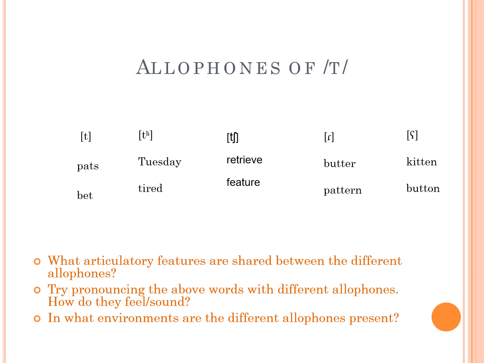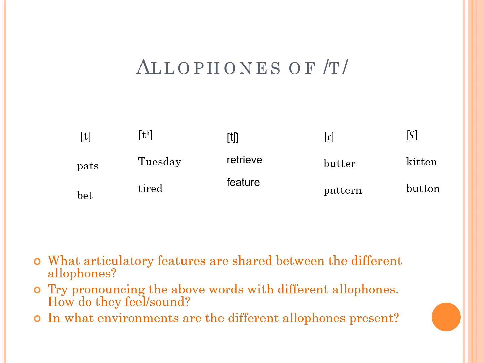Sometimes I have somebody in my class who has some people who are from England in their family, and you'll notice that they do the glottal stop for something like butter, which again I can't do because I am American and not from England. But you might try some of the different sounds, putting them into the different contexts, and seeing how they feel and how they sound in that context, because they'll sound wrong, and then they'll sound like a different sound. They will no longer sound like t in any way, shape, or form.